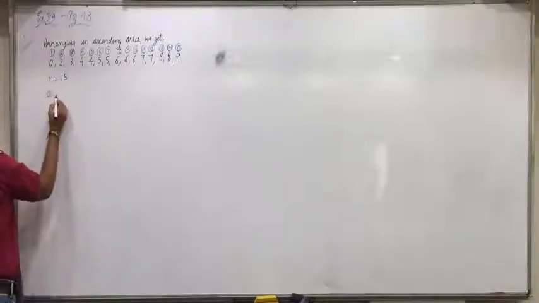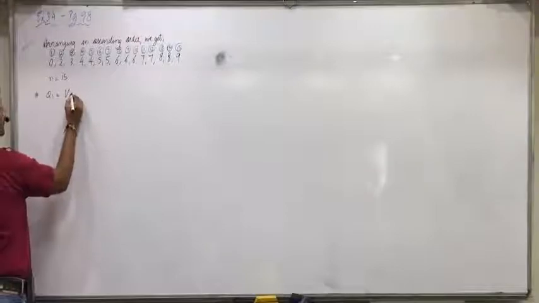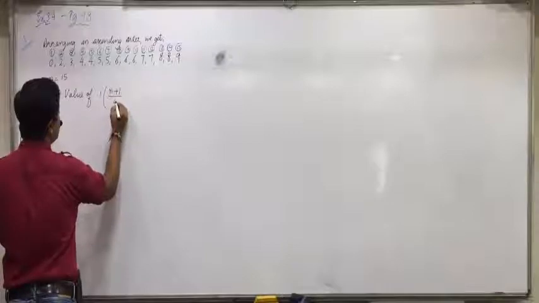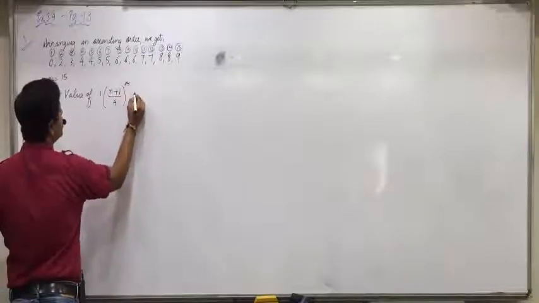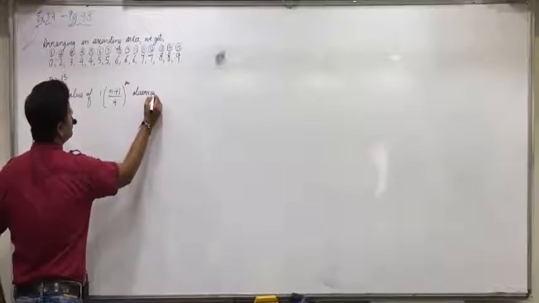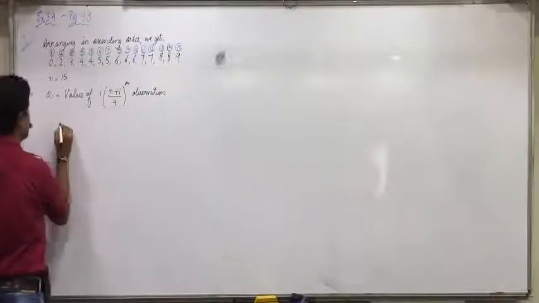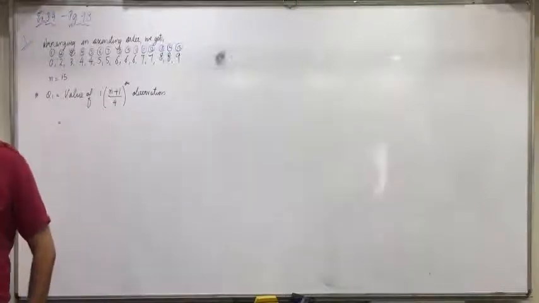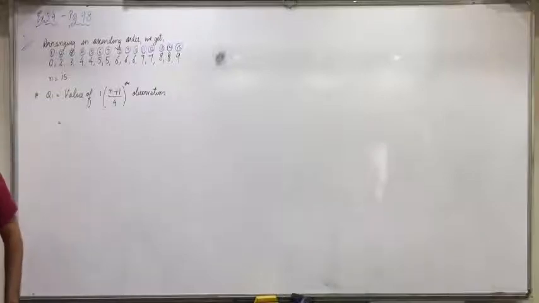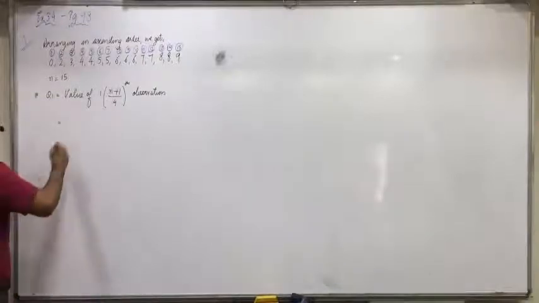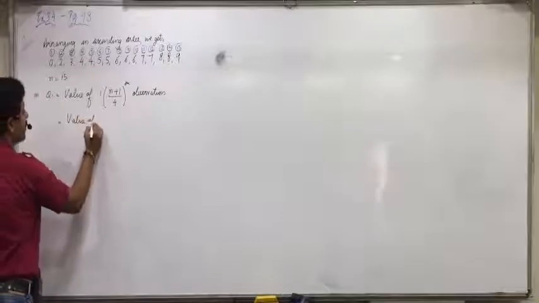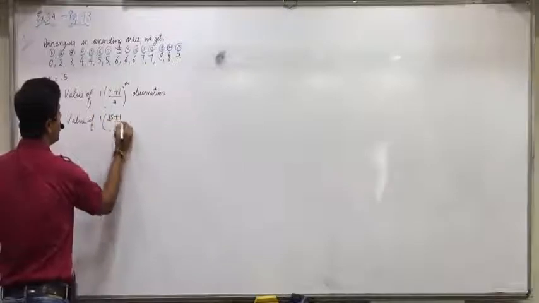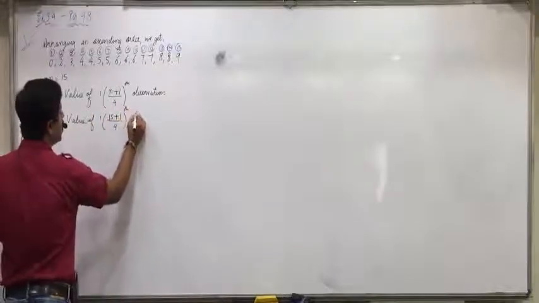So now Q1 is equal to value of 1 into (n plus 1) upon 4th observation. Q1, so multiply with 1, and quartiles will divide by 4. All of you remember this, we did yesterday? So value of 1, n is 15, (15 plus 1) divided by 4th observation.